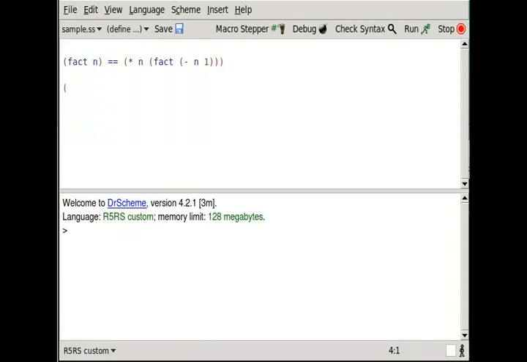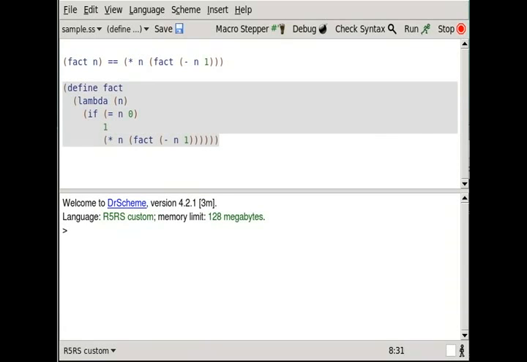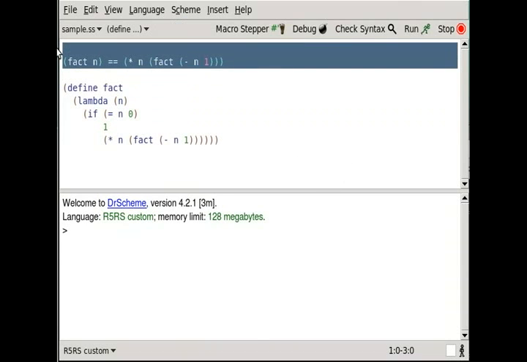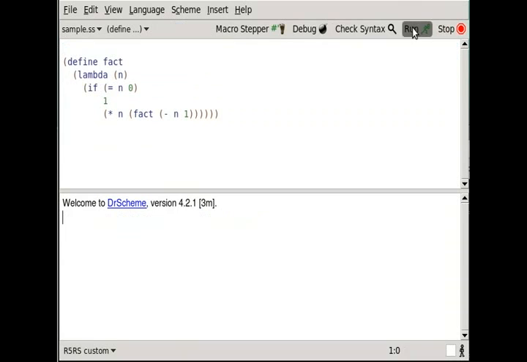Okay, so let's define it the old way. Define fact as lambda of n: if n equals 0, then 1, otherwise multiply n times fact of n minus 1.